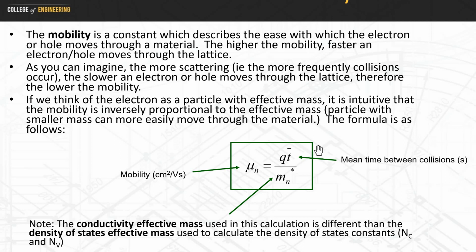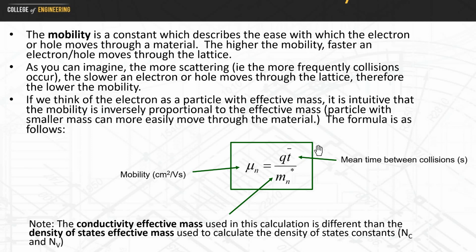Now, what's going to be easier, if you have a big heavy particle or if you have a super light particle? If we're thinking about this in terms of particle-like behavior, a particle has mass, a particle has momentum, a particle has inertia.